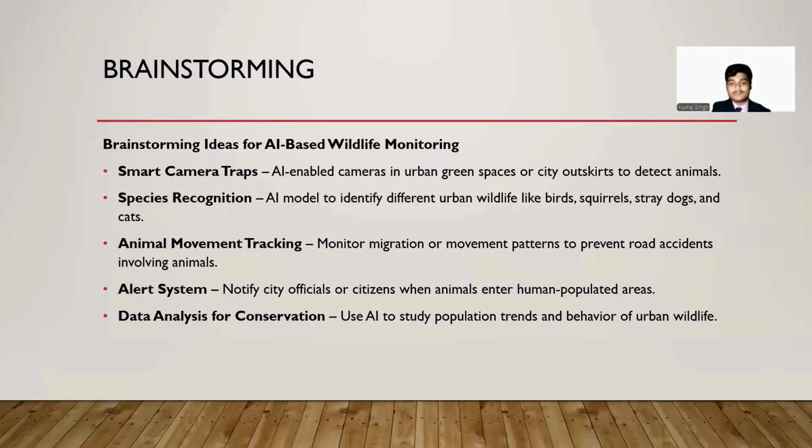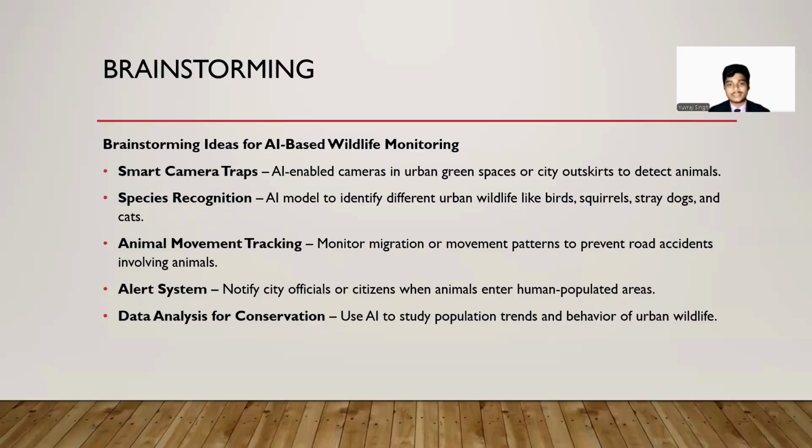Brainstorming ideas. AI-based wildlife monitoring. Smart camera traps. AI enables cameras in urban green spaces or city outskirts to detect animals. Species recognition. AI model to identify different urban wildlife like birds, squirrels, stray dogs, and cats. Animal movement tracking.